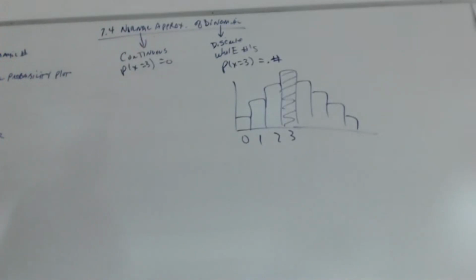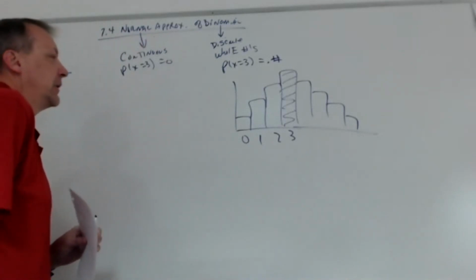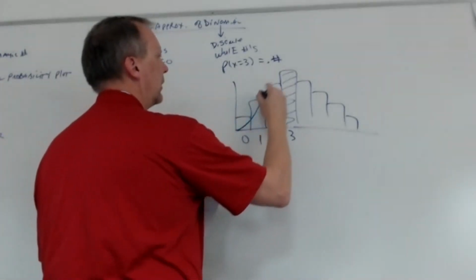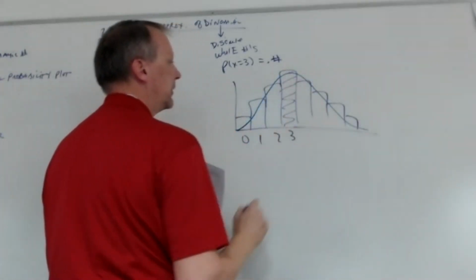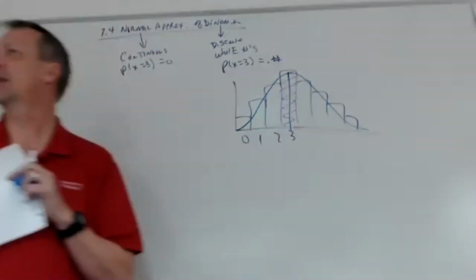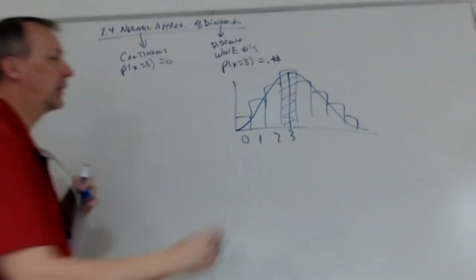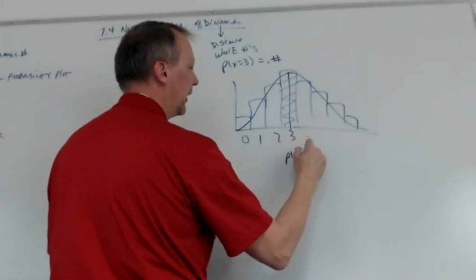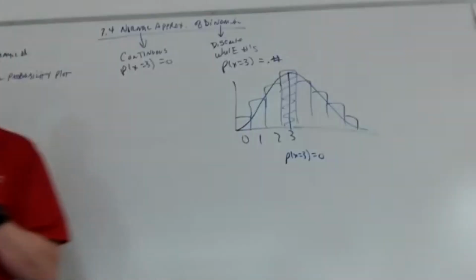Okay? Because the problem is, if I superimpose a normal curve onto this, let's say it's normally distributed, the value 3 has no width, right? So under the normal distribution, the probability that x equals 3 or any other number is going to be 0.